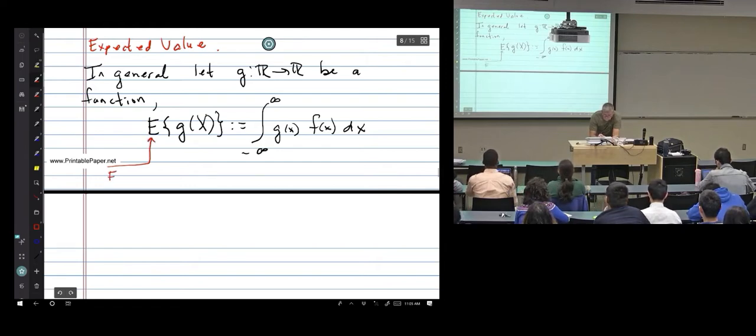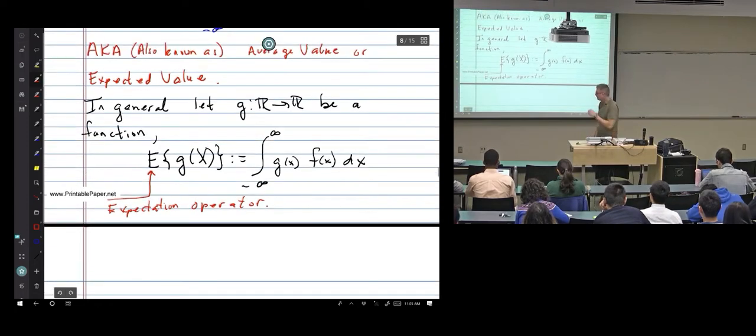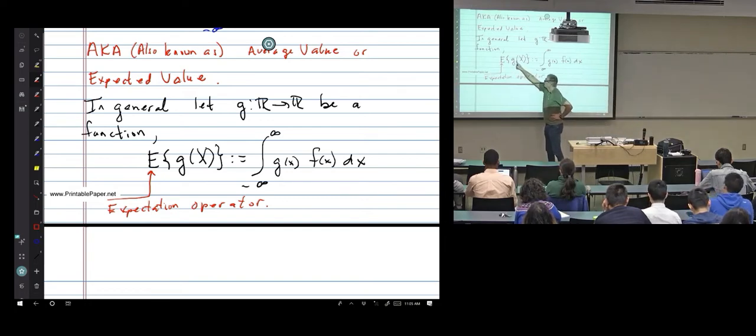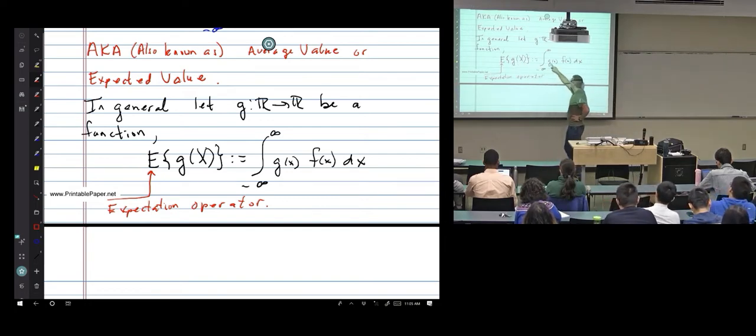This is called the expectation operator. So when g of x is equal to x, it's just the mean value.